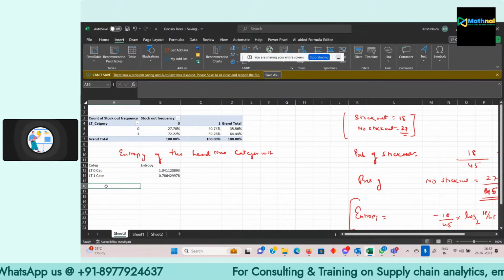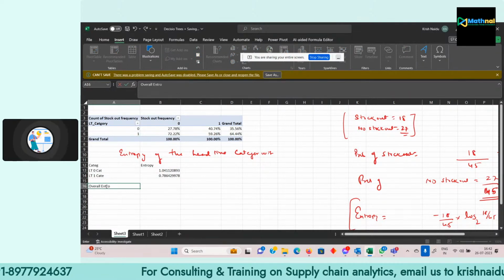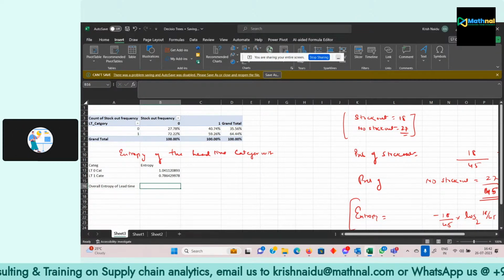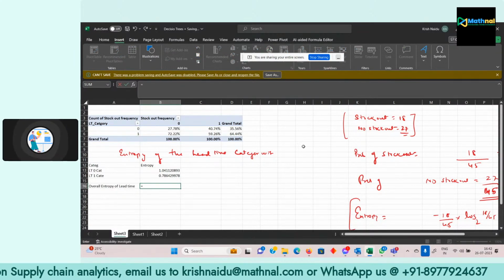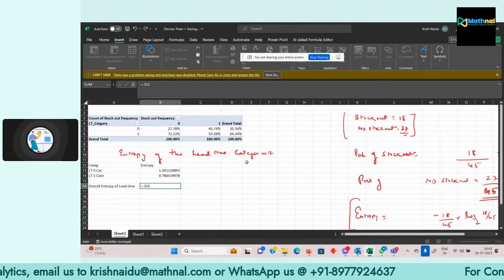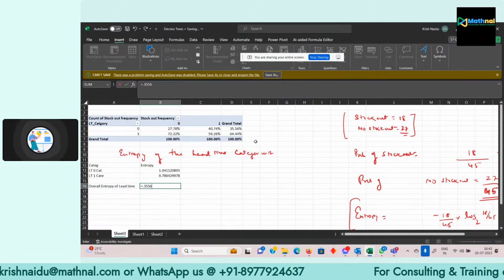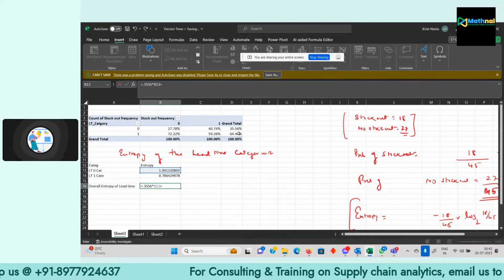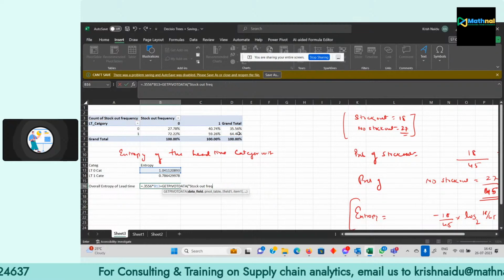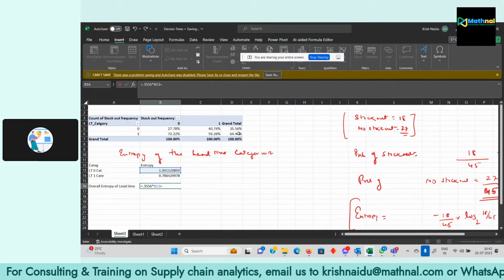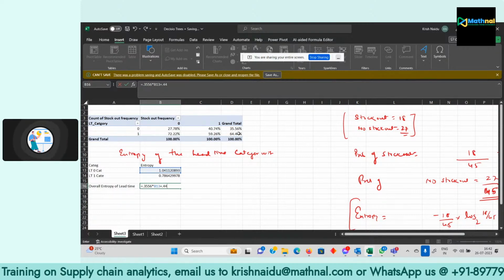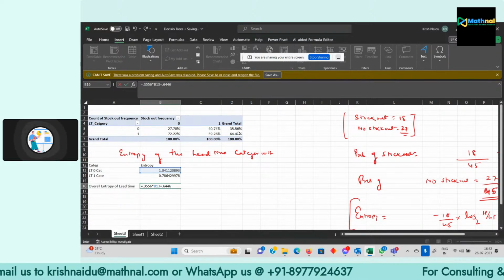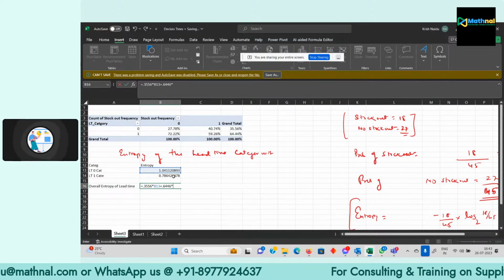Now I'm going to find the overall entropy of the lead time. For that, I'm going to take the weighted average. So this is my 0.3556, which is coming from here, into 1.04, plus 64.44%. Sorry, I have to put the numbers: 0.6446 into 0.78.